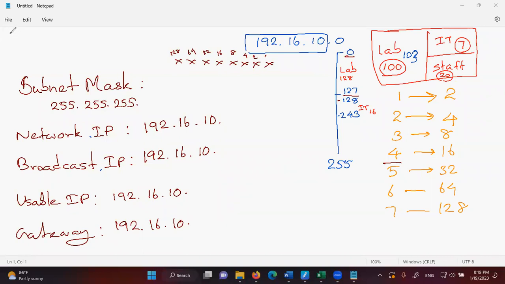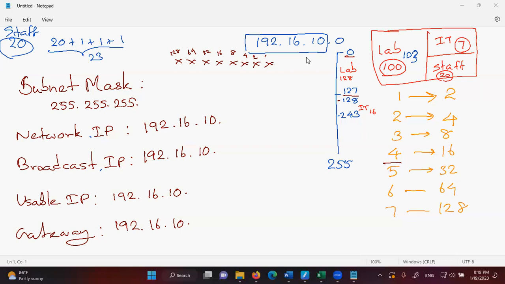The staff room has 20 computers. So altogether, 20 means actually we need 20 computers plus network IP plus broadcast IP plus gateway IP. So altogether we need 23.